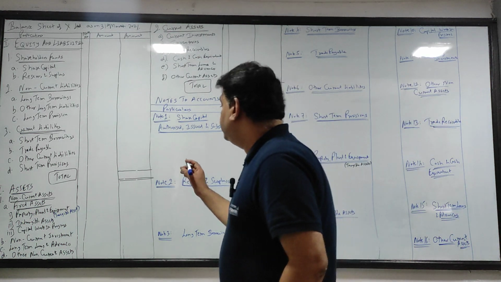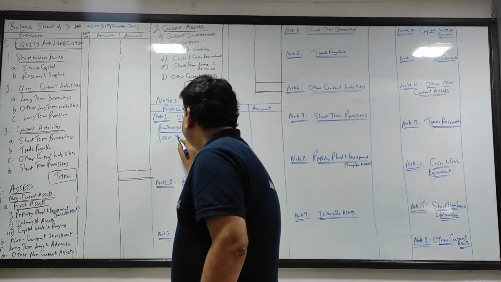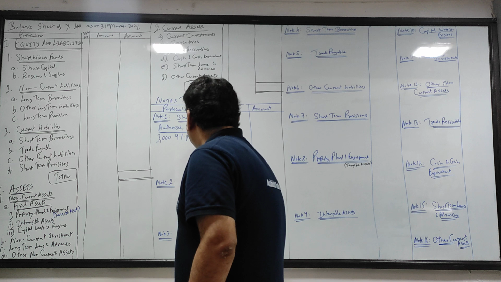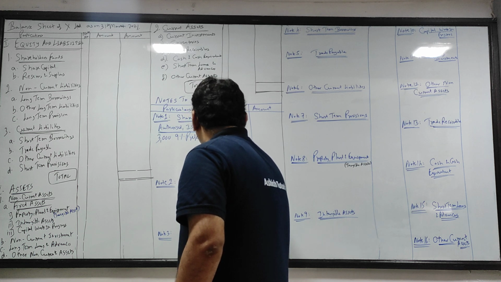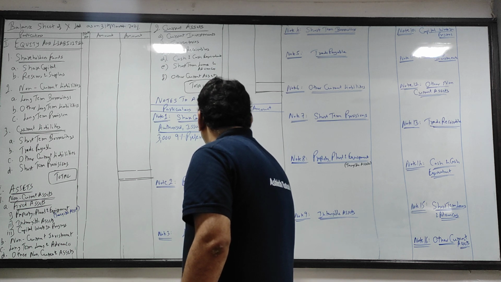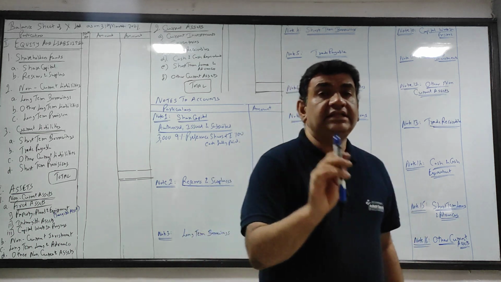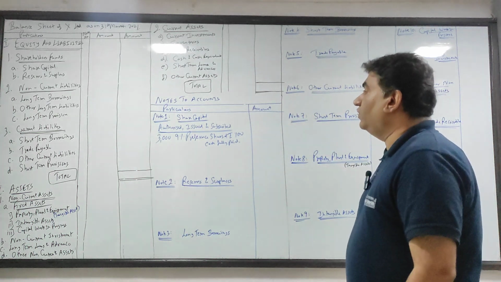सो व्हाट यू विल डू, 3,000 9% preference shares of rupees 100 each fully paid.